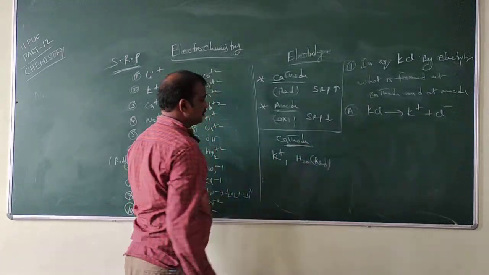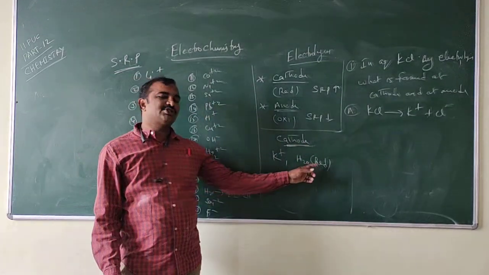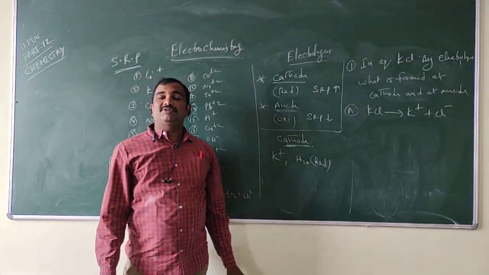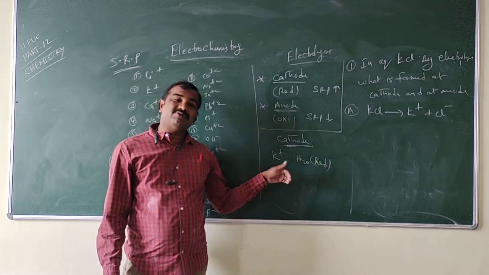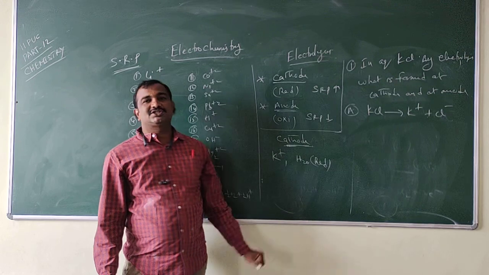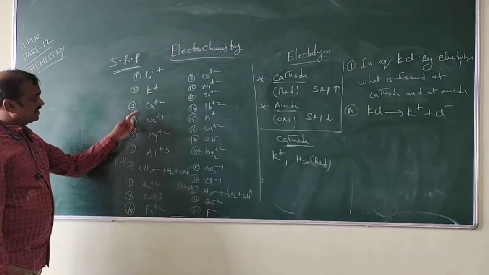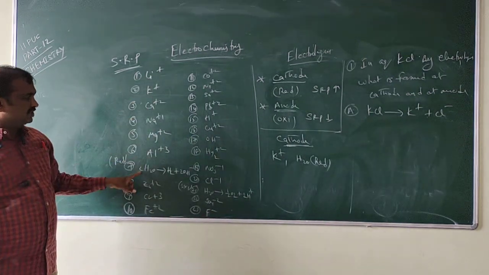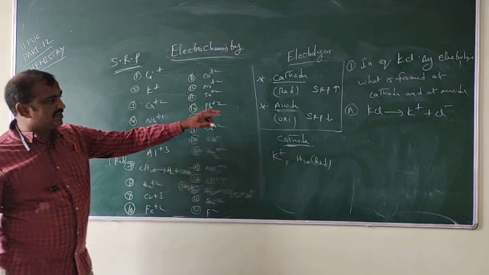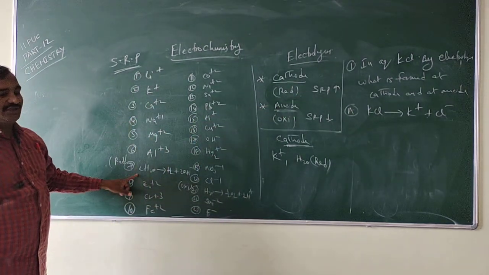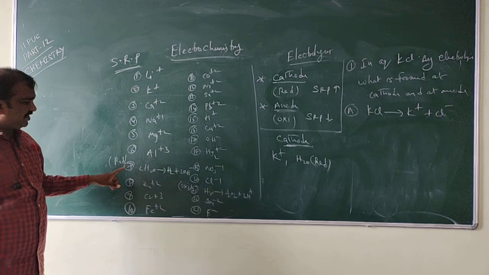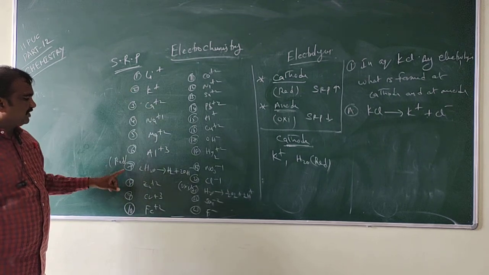Among K plus and H2O reduction, which one has the high SRP value? That one we will consider. This is 2, this is 7.